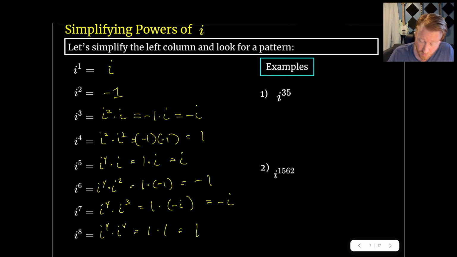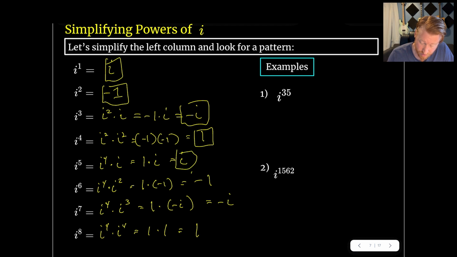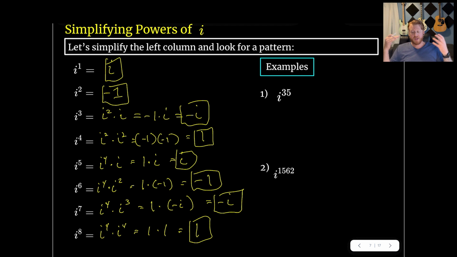So hopefully now you are at least somewhat convinced that we have this cyclical pattern that goes i, -1, -i, 1, and repeats. So we can use this pattern to help simplify things like i to the 35th.